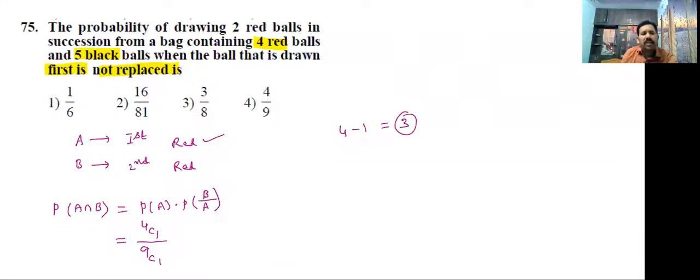Here, not replaced, without replacement. Total 9 balls are there. One we selected. Remaining how many balls? Only 8. Out of 8, select one. The selected color is red only. Red, how many are there? Only 3, 3C1. Students, all of you understood now? Now this is 4 by 9 into 3 by 8. Calculate this: 3 3s are 9, 4 2s are 8. Total answer 1 by 6. First option is correct.